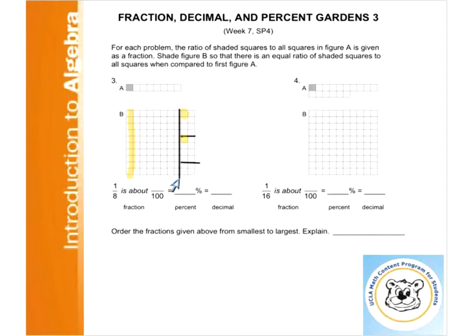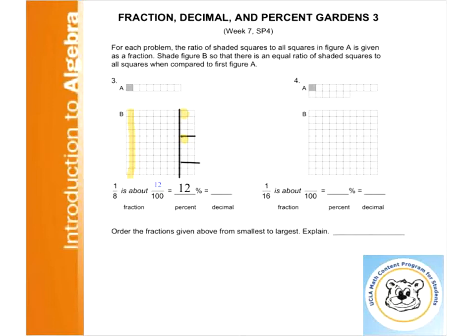So if we want to estimate what percent of this is shaded for 1/8, we can say that it is about 12%. Or if we wanted to get really precise, what could the students do? You mean 1/8 is about 12%, correct.